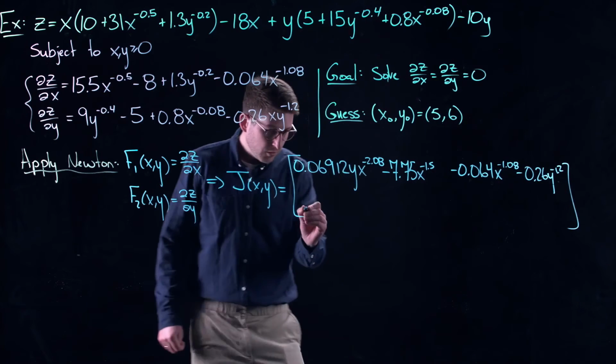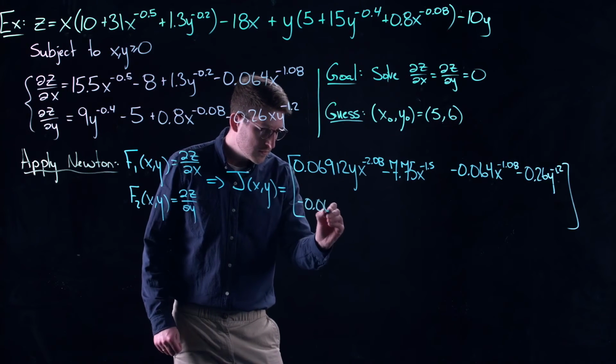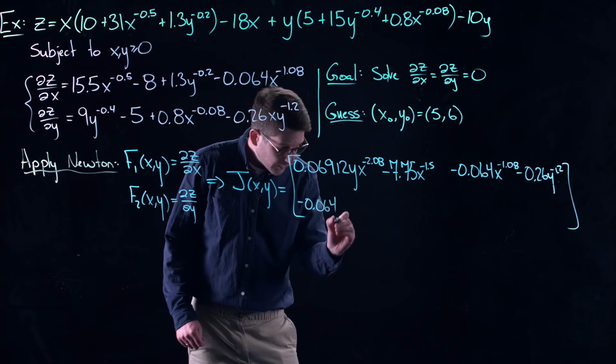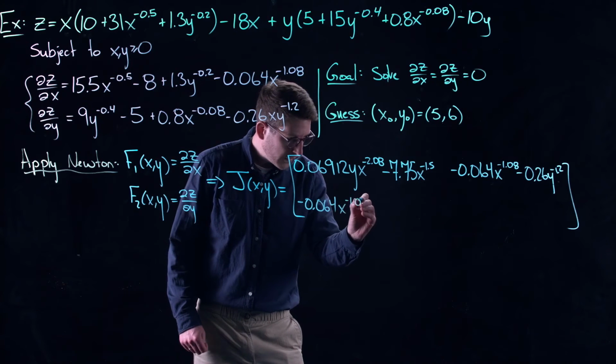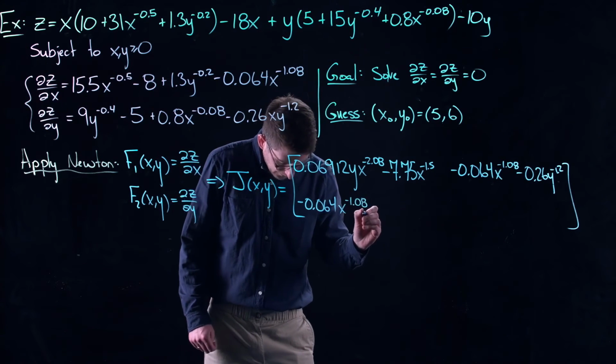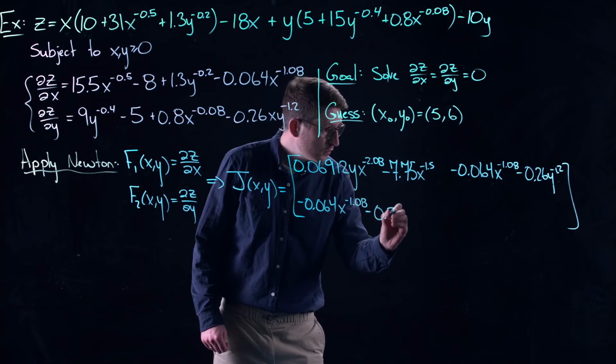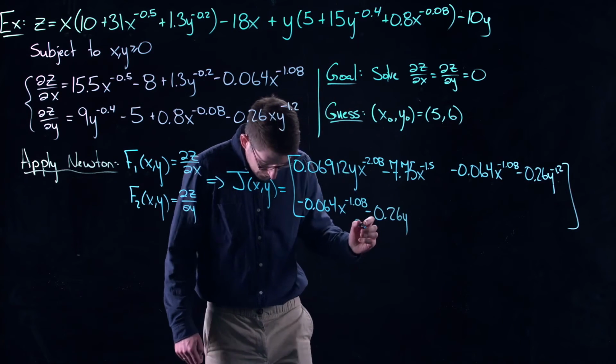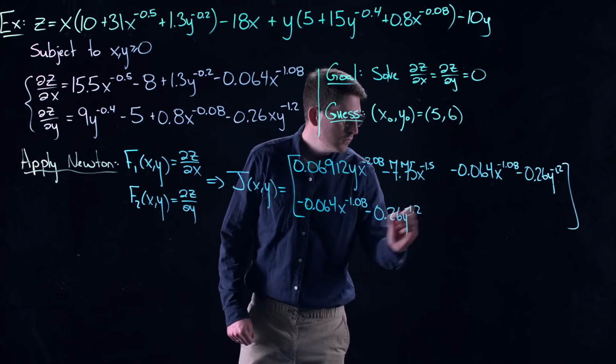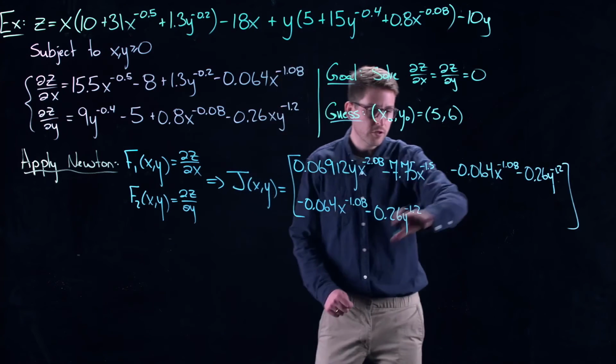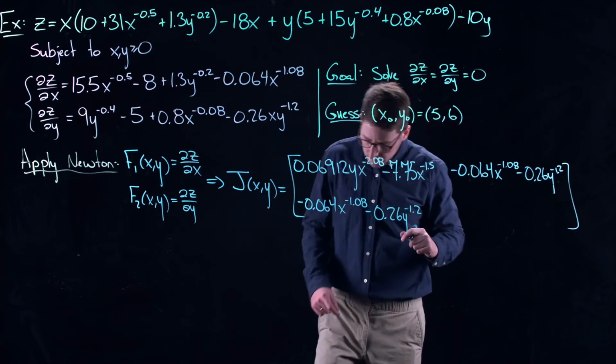Then in the second row, negative 0.064 x to the minus 1.08 minus 0.26 y to the minus 1.2. Okay, so it's a symmetric matrix. Actually, that's quite interesting to me.